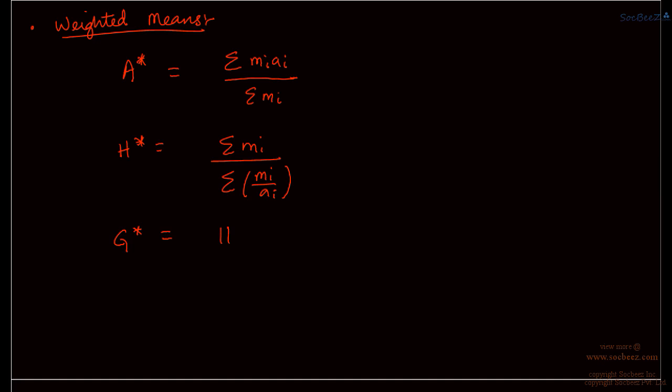And the geometric mean, the weighted geometric mean, is nothing but a1 power m1 into a2 power m2 into a3 power m3, like this. The whole thing multiplied, then raised to the power 1 by sigma of mi. So instead of our familiar 1 by n, we now have 1 by m1 plus m2 plus m3, the sum of the weights.